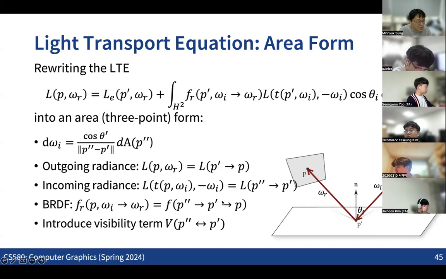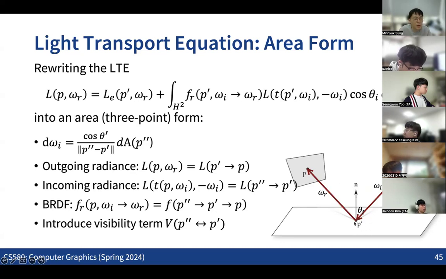And these are changes of notation. This is the case where we see a light path traversal from P double prime to P prime to P. So the light goes in this way, while our computation will go the reverse way. The way we do ray tracing is that we shoot a ray from P along this direction, going in the opposite direction, right? Then the first intersection point, let's say, is P prime.